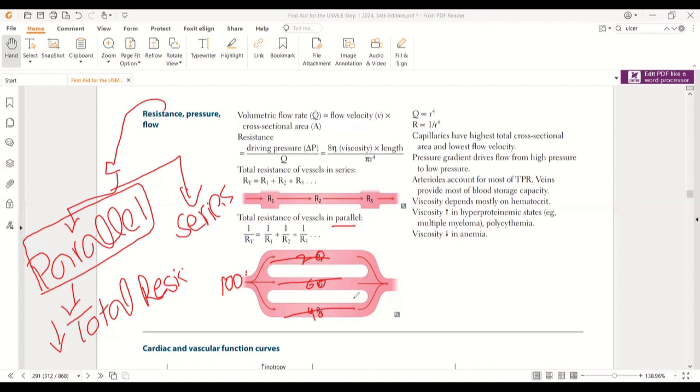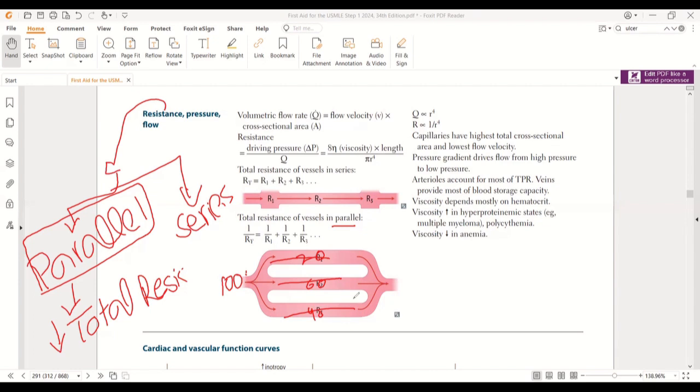Can you repeat the three things about the parallel resistance? In parallel, the blood is distributed, so it's not equal. The organs receive a fraction of the blood, and the pressure is constant in the parallel. And what about the total resistance in a parallel arrangement?